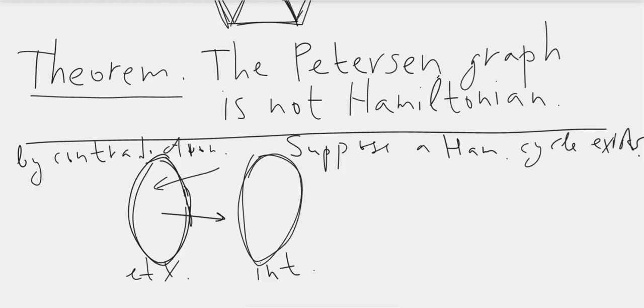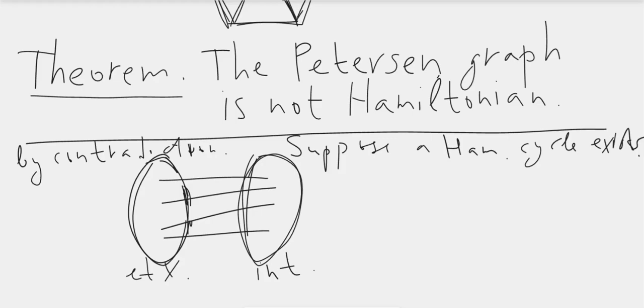At the same time that we enter the external vertices, we must exit the external vertices, right? So basically the number of edges between the external and internal vertices, not inside these 2 sets, but between them, must be even.